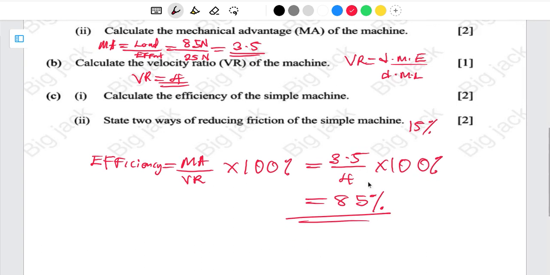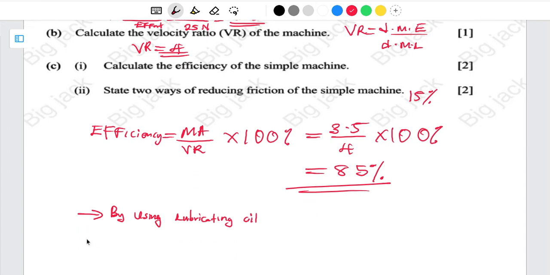Now Roman numeral 2 is asking us to state the ways of reducing friction of the simple machine. So what can you do to reduce the friction of a simple machine? Number 1 is by using lubricating oil. This lubricating oil is going to reduce friction. Apart from using lubricating oil, we can also increase the number of loops or the number of wheels.